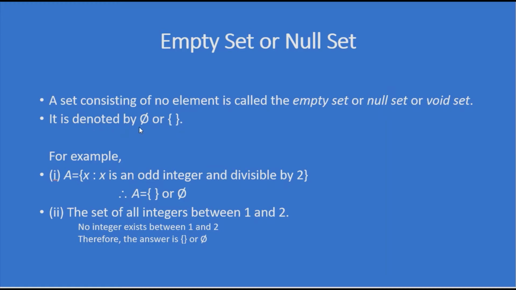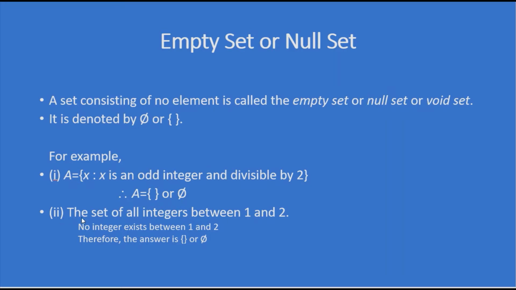For example, A is equal to a set of x such that x is an odd number and divisible by 2. Is any odd number divisible by 2? No. So, no element exists in this set. So, we can say A is an empty set or null set.